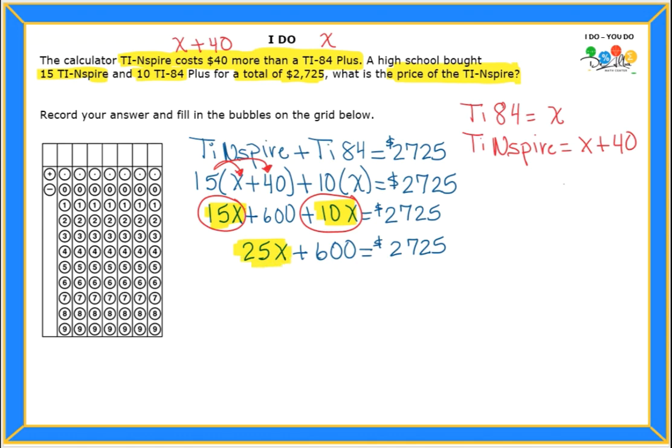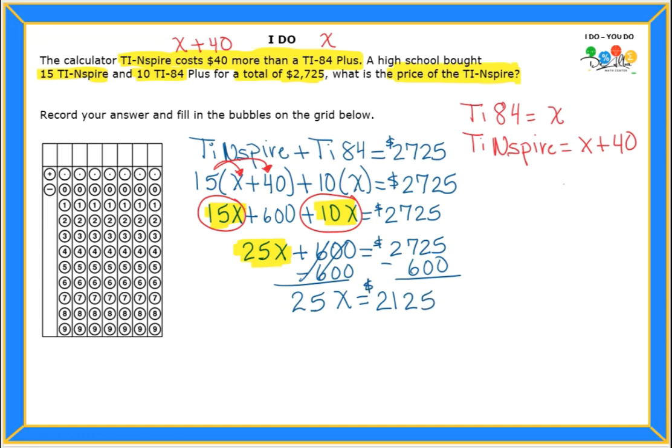Notice I only have one term with X's, so I need to eliminate my constant, which is 600. I will subtract 600 on both sides. Remember, whatever you do on one side, do it to the other side. I cancel this, and I end up with 25X equals 2,125.